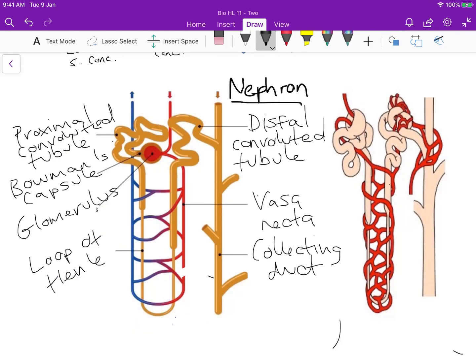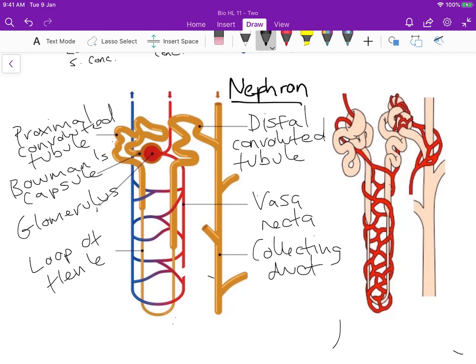So here's the diagram completely labelled. We see the glomerulus, the knot of blood vessels where ultrafiltration takes place, surrounded by Bowman's capsule, which collects the filtrate, leading down into the proximal convoluted tubule, down to the loop of Henle, and back up to the distal convoluted tubule, and then to the collecting duct.